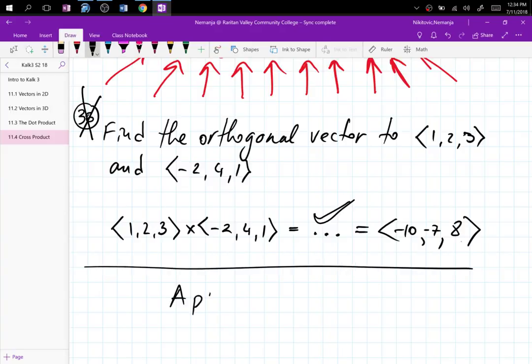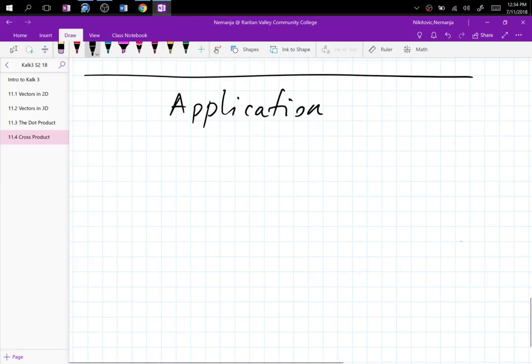Application. So the first thing is we can calculate the area of the triangle and the area of the parallelogram using the cross product.